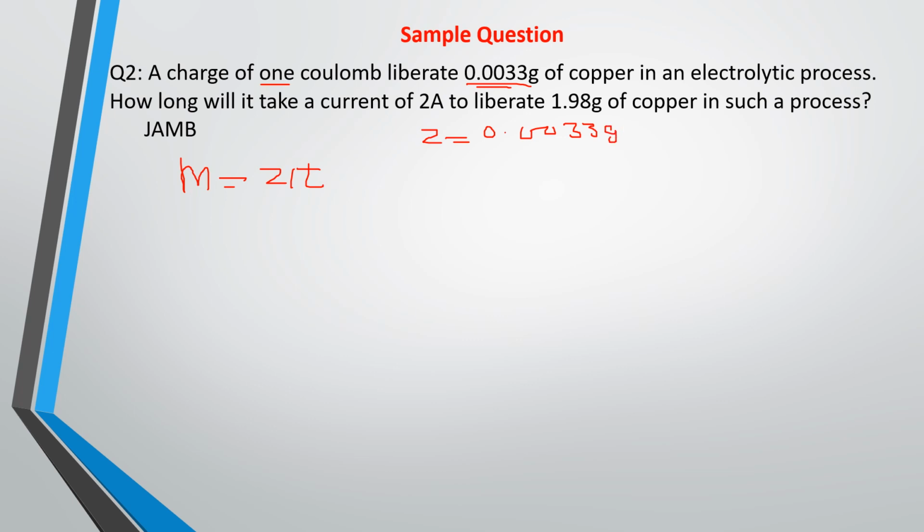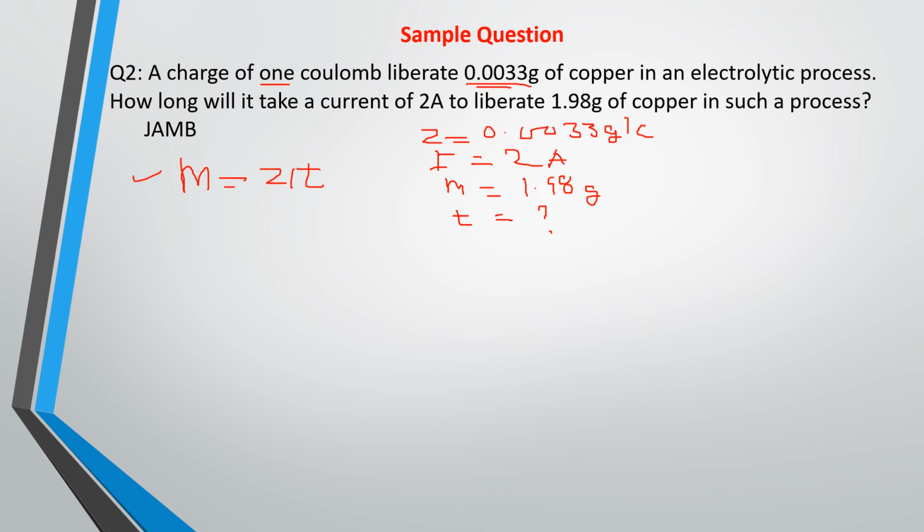Then your current is given to you to be 2 amp. Then your mass to be liberated is 1.98 gram, and now you are looking for time. It says how long will it take? Time is what we don't know in this particular question.